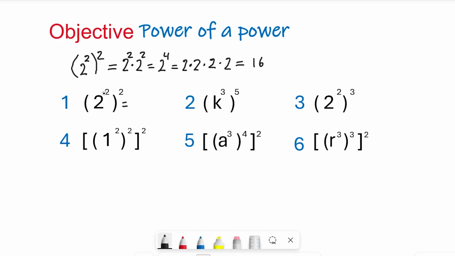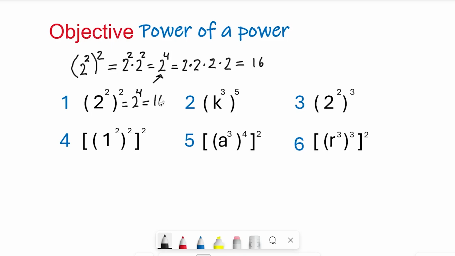Now look, multiply 2 times 2. You're going to get 2 to the fourth power. And you can see, we already see how it works, right? And now, because we did all the work, the answer should be 16.